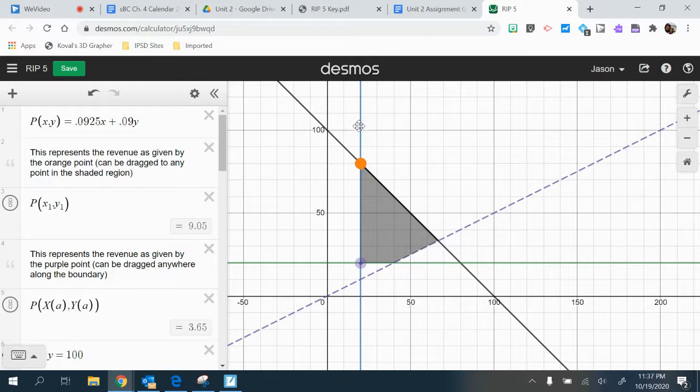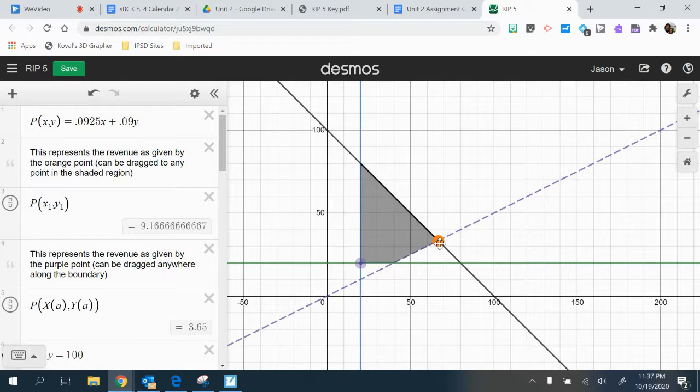But this is not the best choice all the way up here, because if I just take a very small movement a little bit off of that line, notice that this is still 9.165, which is way better than 9.05.